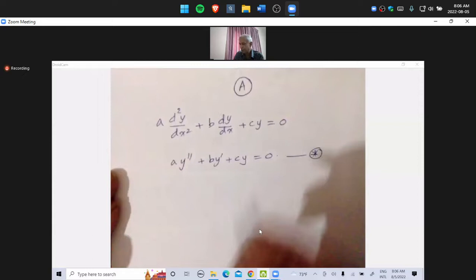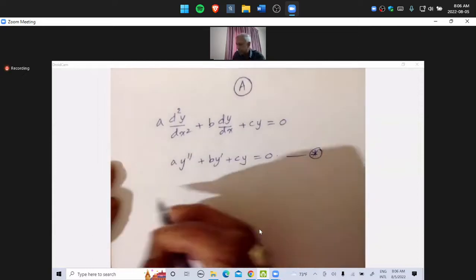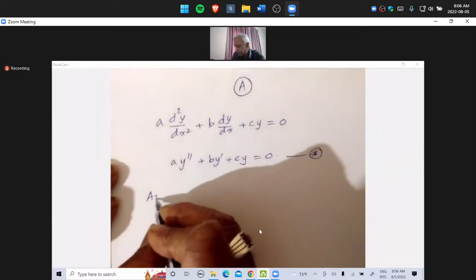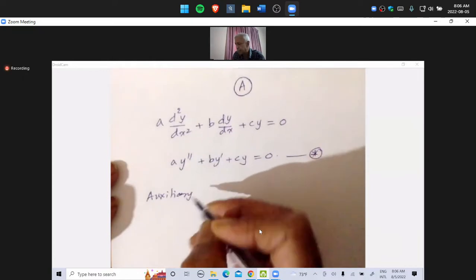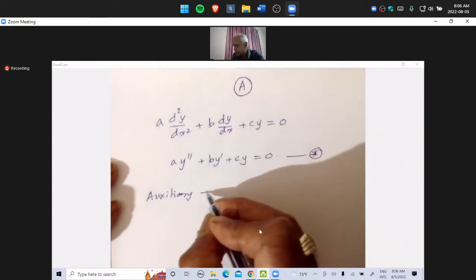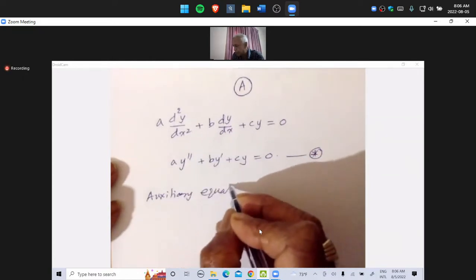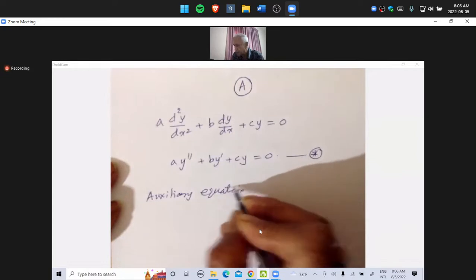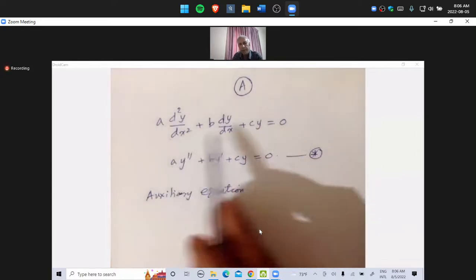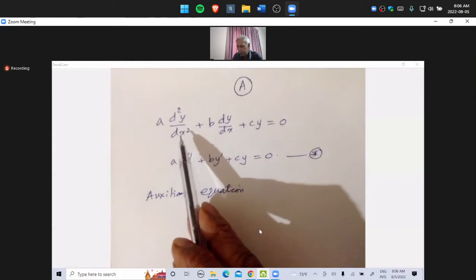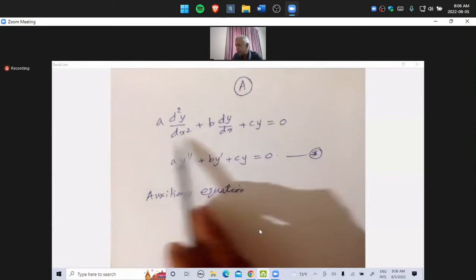We proved last time that the auxiliary equation for this differential equation. Second order, highest derivative is the second order derivative in the equation.